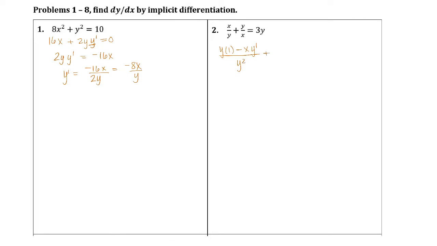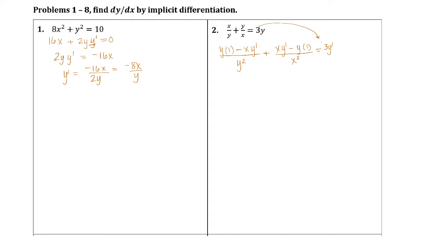Plus, and we're going to repeat this process with the next one. So we have the bottom times derivative of the top minus the top times derivative of the bottom over bottom squared equals, and again with the coefficient it just comes down over here to the side, so we have 3y prime. Now we need to solve this for y prime.